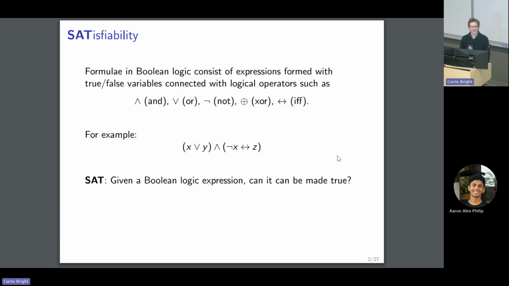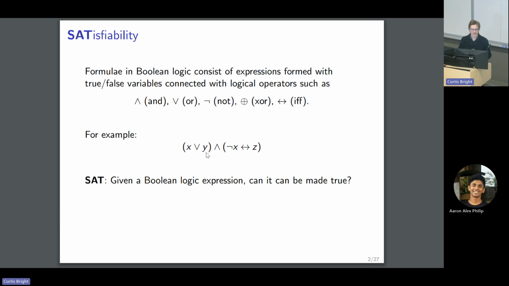If we set x to true and y to true, then the first clause becomes true. The second clause depends on the value of z, right? Because if x is true, then not x is false. And then what does z have to be? It will have to be false. Yeah, z will be false.